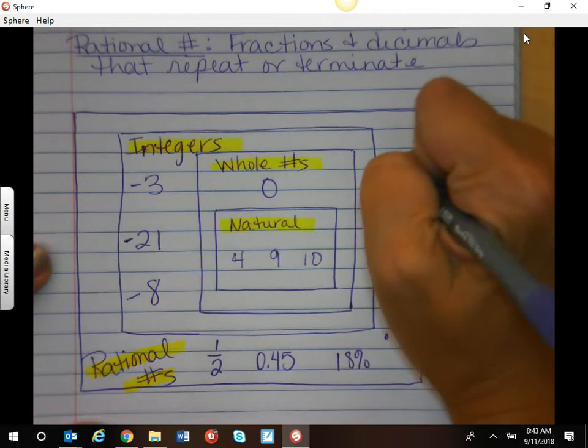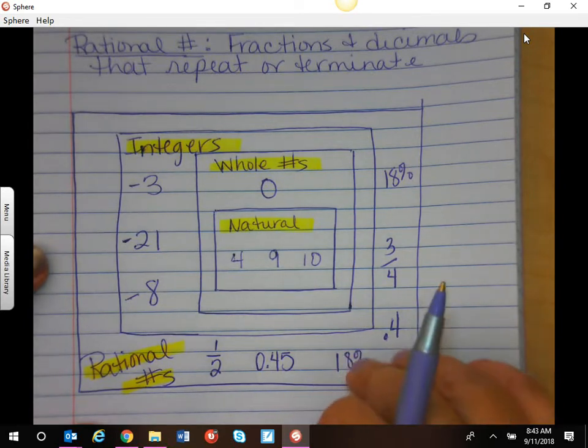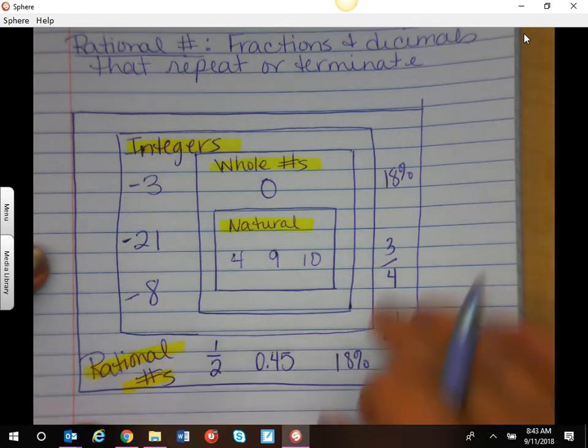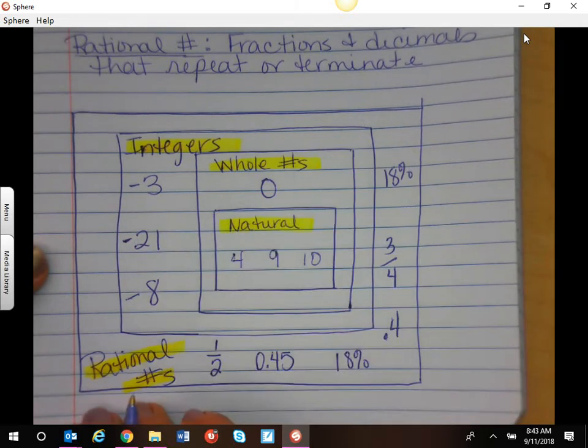All of these are nice, pretty decimals or fractions. And all of these are just rational numbers. Now, integers can be rational numbers, whole numbers can be rational numbers, natural numbers can be rational numbers as well.